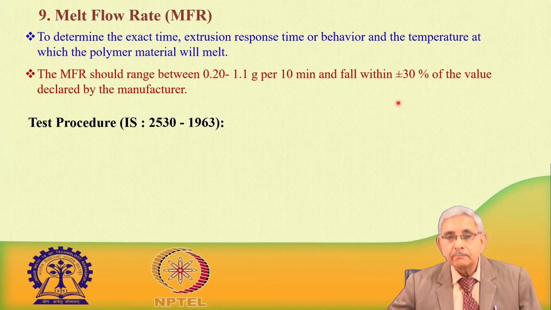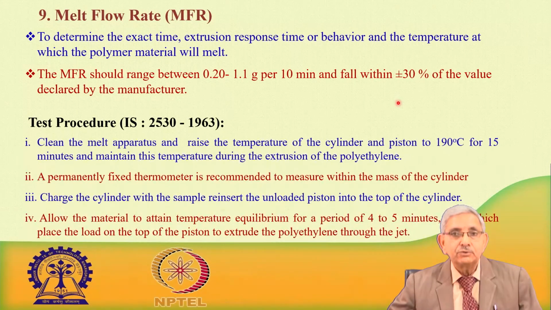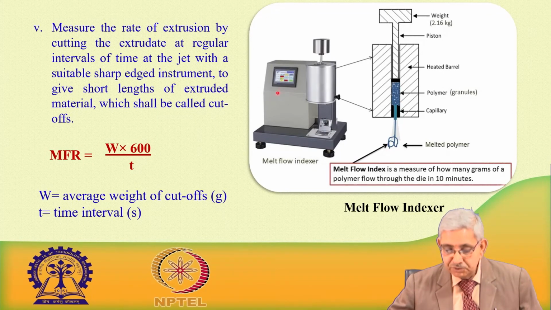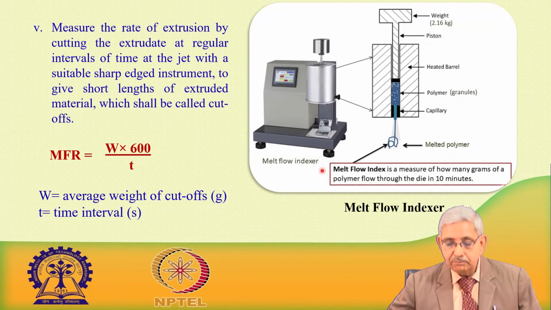So, this is the test one should follow, and this is the device which is used, that is a melt flow indexer where this sample is kept. Melt flow index is the measure of how many grams of polymer flow through the die in 10 minutes.